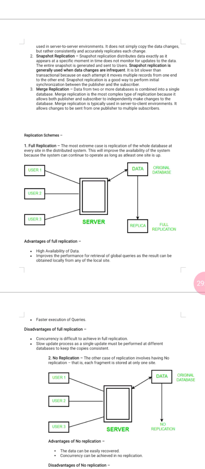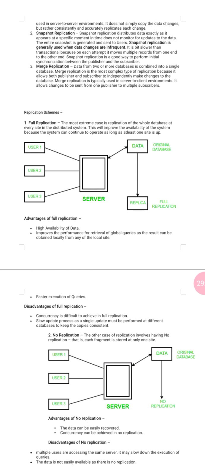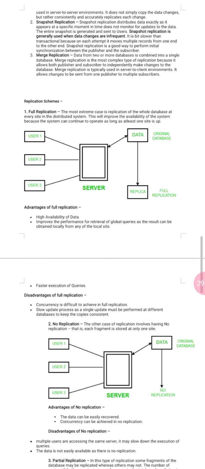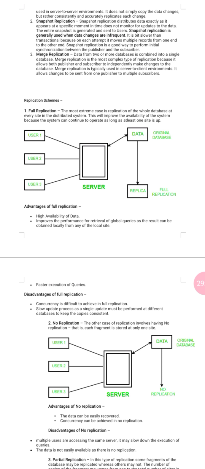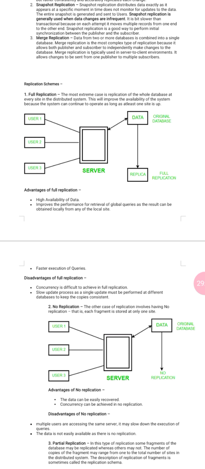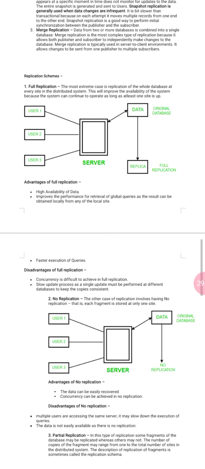Merge means you can add data from one or more databases into one database, right? It is called a merged database. It is a complex type of replication because it allows both publisher and subscriber to independently make changes in the database, right? Merge replication is typically used in a server-to-client environment. Clear?